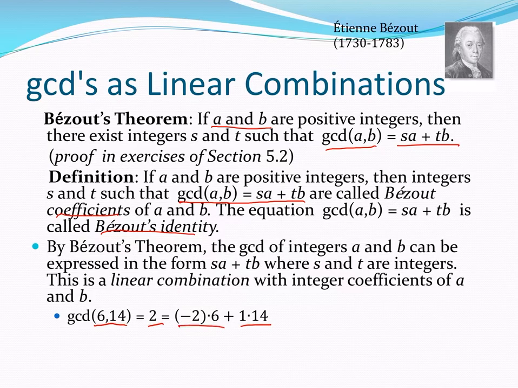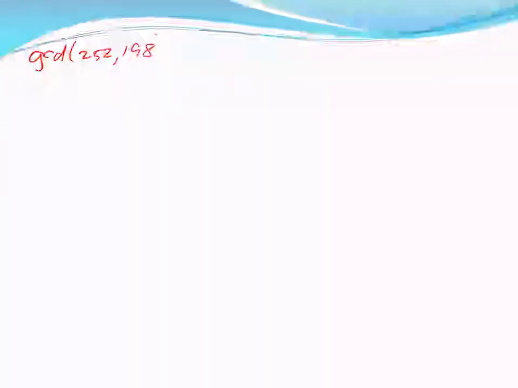And the way we're going to ultimately find Bezout coefficients is by a repeated application of the Euclidean algorithm, with back substitution, which I will do next. Here we want to find the greatest common divisor of 252 and 198.